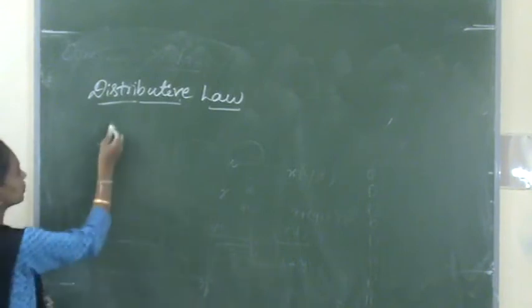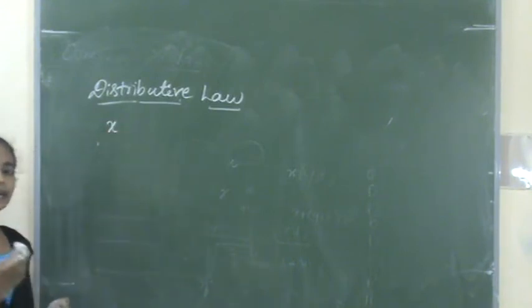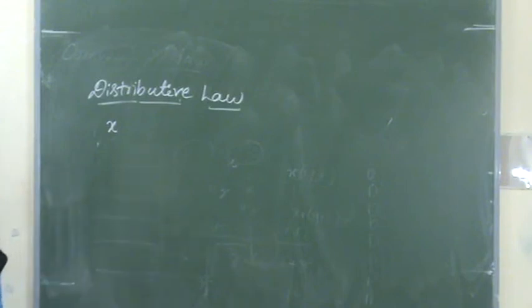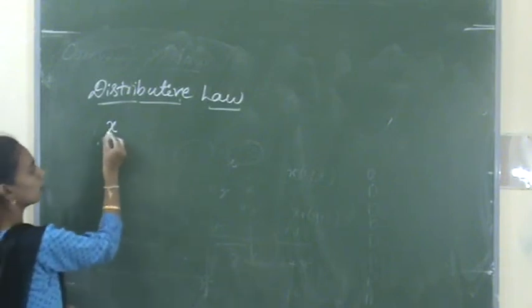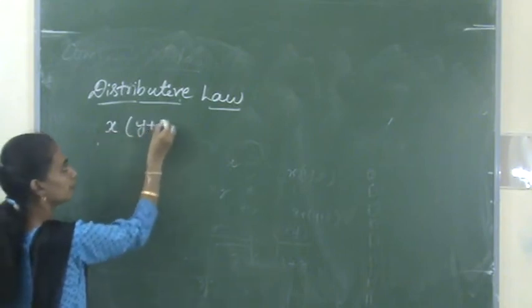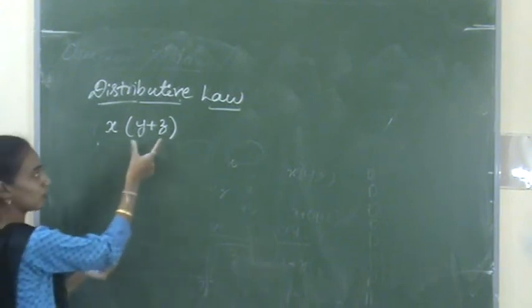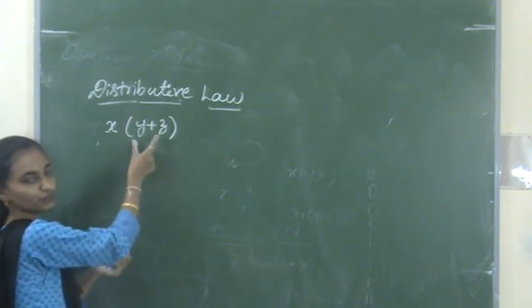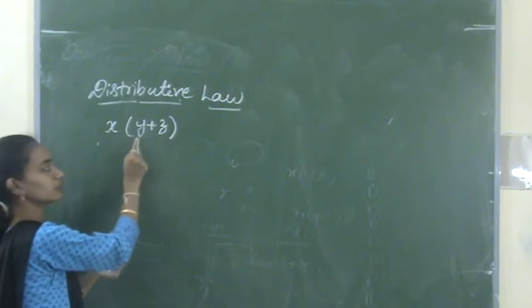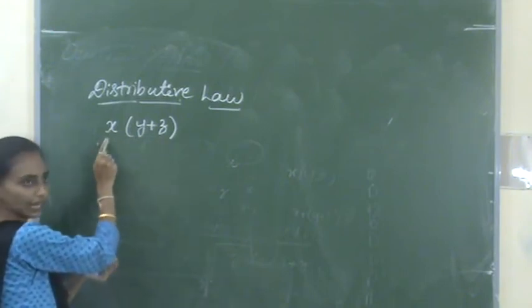In this distributive law, we are performing both AND and OR operations in the same expression. So now I am performing the OR operation with y and z, and I am performing the AND operation with x.